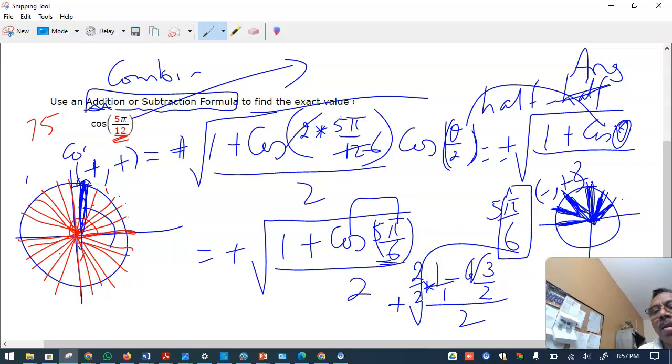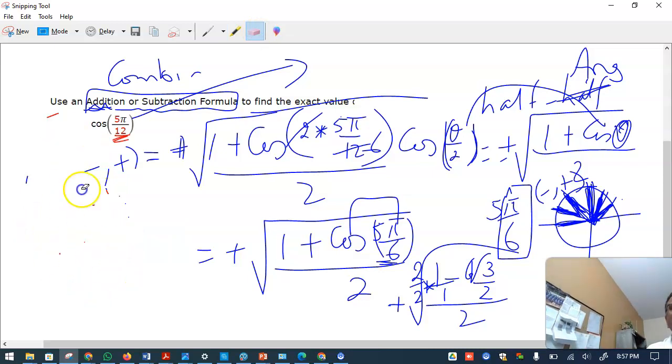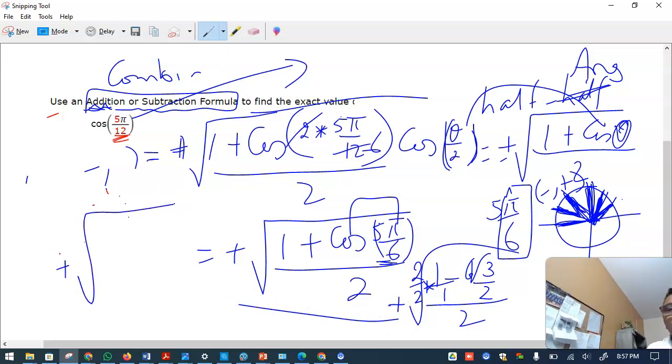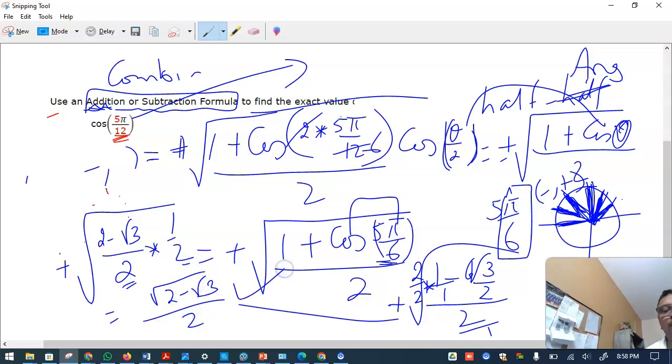Okay, and then you'll see keep change flip you can use. So this will be plus square root of (1 minus root 3 over 2) divided by 2, that is (2 minus root 3) over 2, keep change flip, 1 over 2, because this is 2 over 1. So eventually there are two 2's in the denominator, and you can write this as square root of 2 minus root 3 over 2, and you're done.